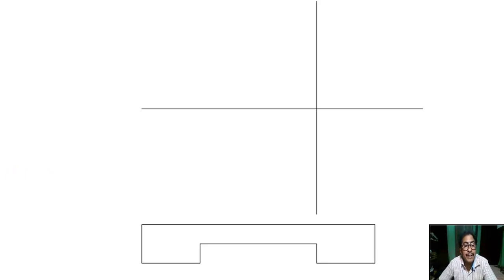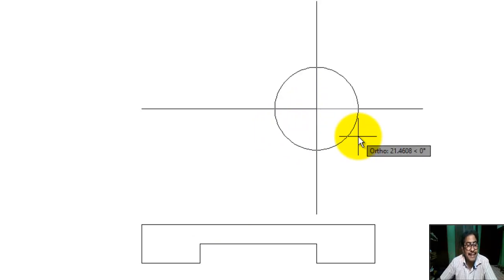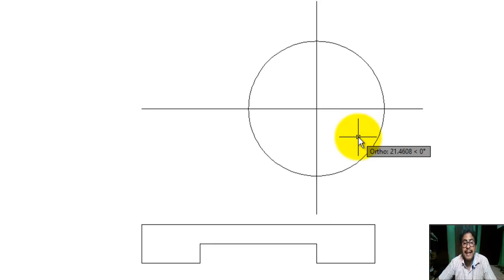To draw circle, click on circle command, specify center point, the intersection point is the center point. For diameter type D, diameter of the circle is 70, enter.